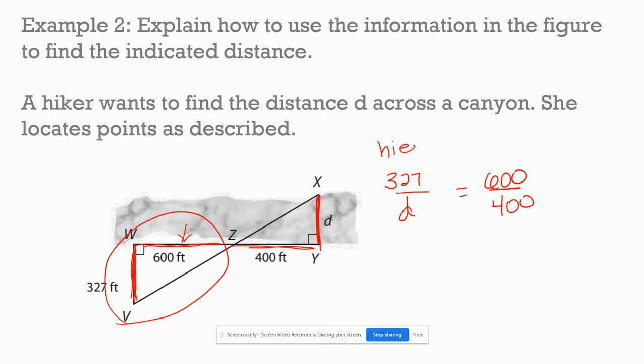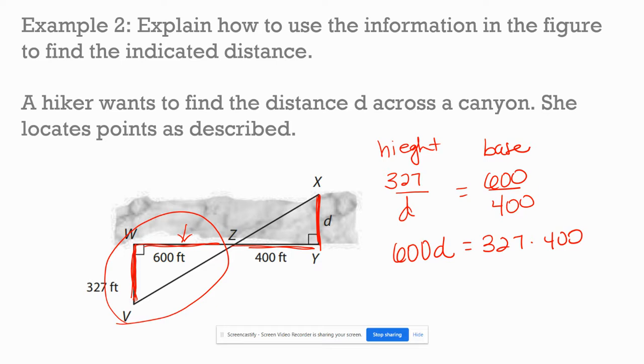So this was comparing the height, this was comparing the base. And we decided to go with the WVZ triangle on top and XYZ on bottom. All right, in order again to solve for these types of triangles, we're going to cross multiply. And on the other side, I'd have 327 times 400.